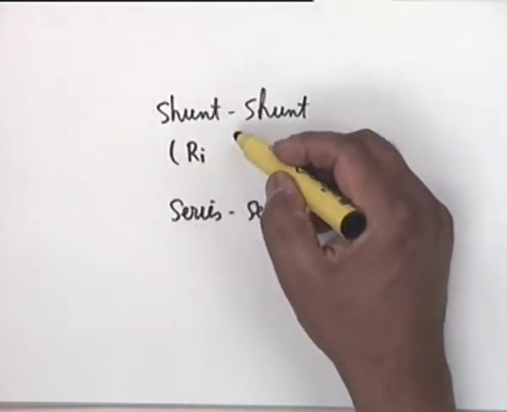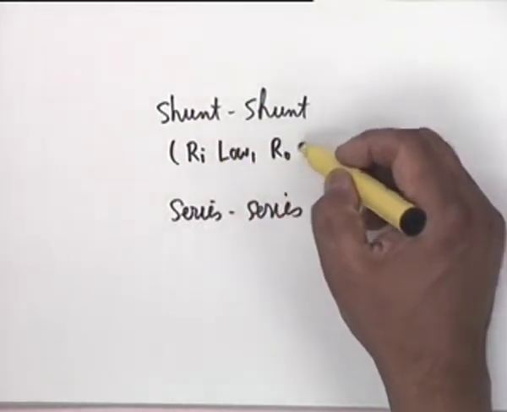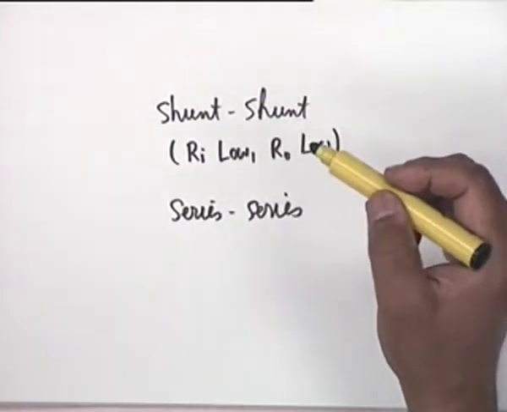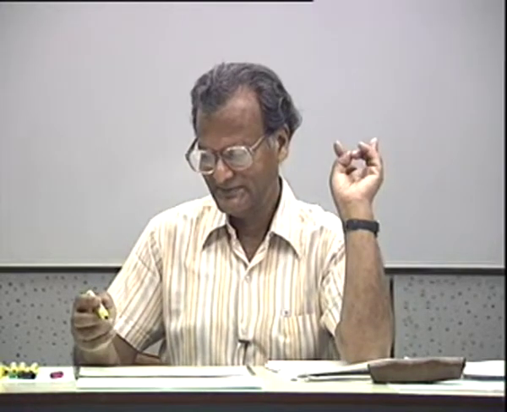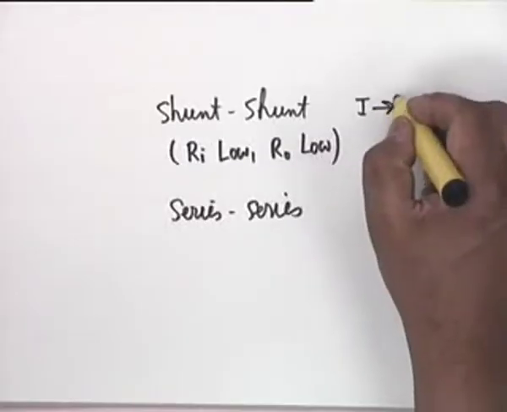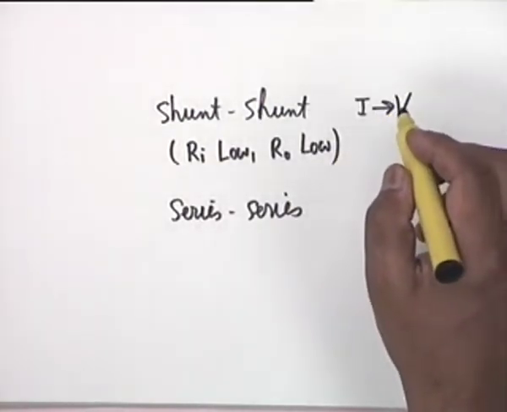Input resistance low, output resistance low. And in shunt, what is the basic amplifier? Voltage to voltage or voltage to current or what? Current to voltage. Okay. So I to V. It's a current to voltage transducer. What is it called? What is the name?